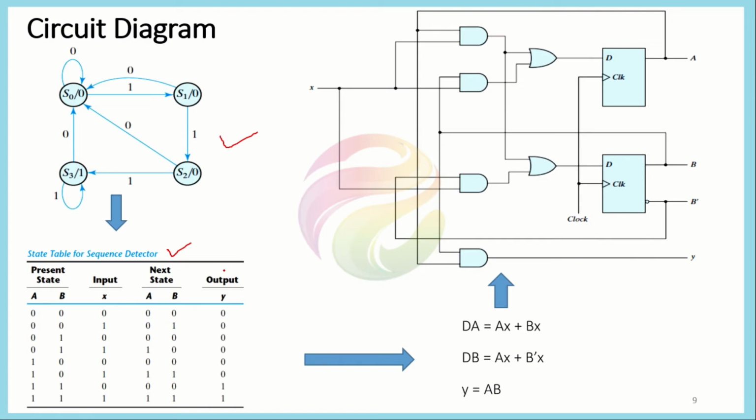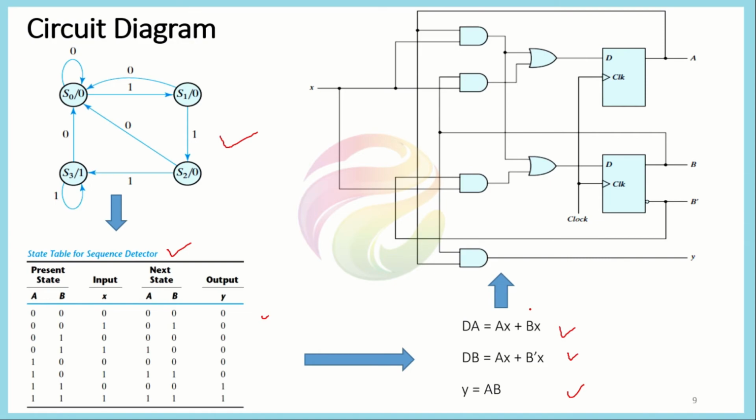You can derive the next state and the outputs. And from this state table, we were able to derive the input equations for the flip-flops that are involved in this sequential system. There are 2 flip-flops, A and B. Each input is represented as this, and the output of the system is represented by this equation.